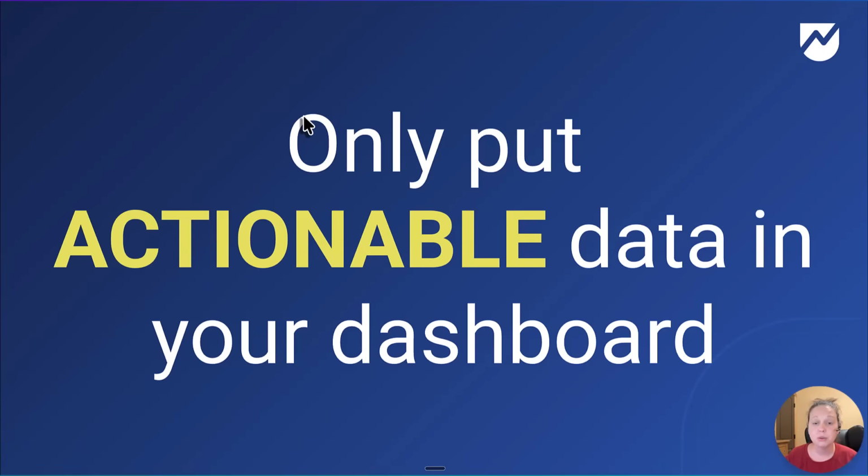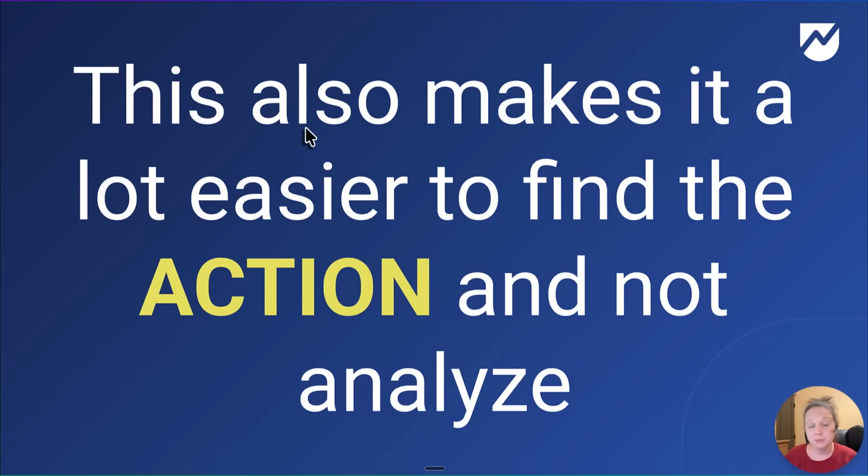Plus, once you go through and make sure you're putting your questions in your dashboard the correct way and making that data more actionable, it becomes a lot easier for AI to also be able to help you too. As I just mentioned, it makes it a lot easier to find that action as well.